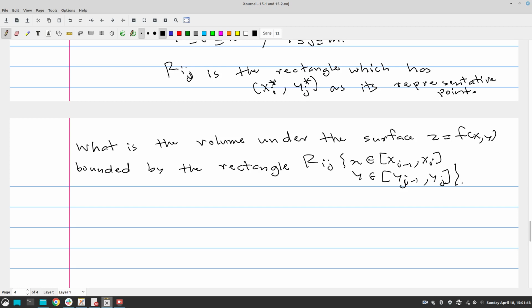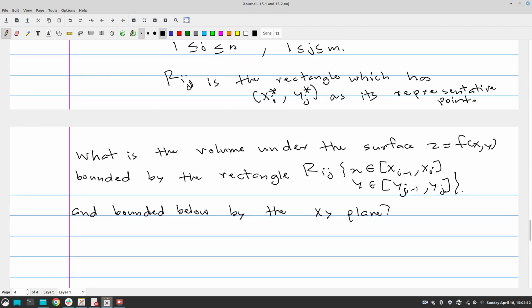This is how Rij is defined. And bounded below by the xy plane.